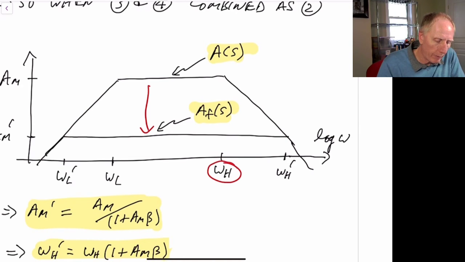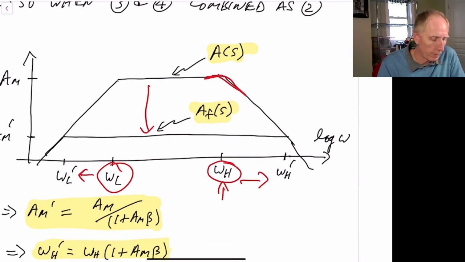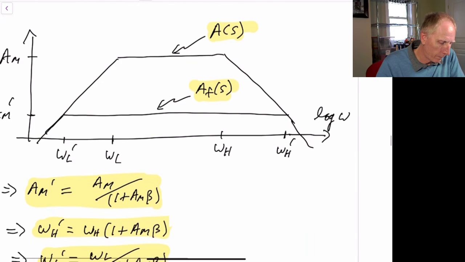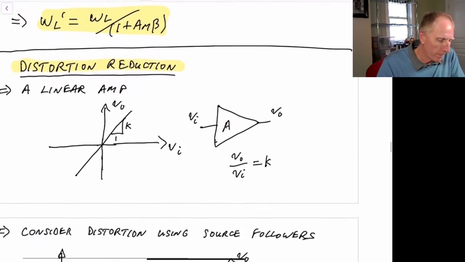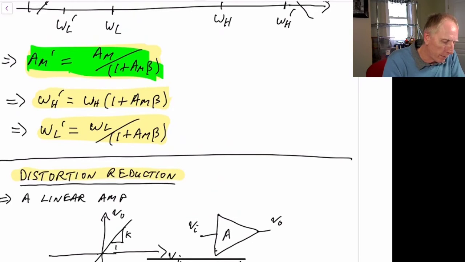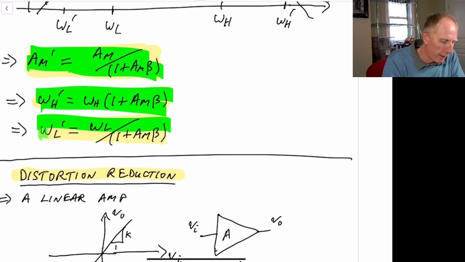But we'd see the 3 dB frequency for the amplifier, which is down in this region, would increase by a factor of 1 plus A_m times beta, and the low frequency cutoff of the amplifier would decrease by a factor of 1 plus A_m times beta. So we'd get enhancement in the left side and in the right side here. And this just summarizes the 3 results that we have. Omega H gets multiplied, whereas omega L gets divided by 1 plus A_m times beta.